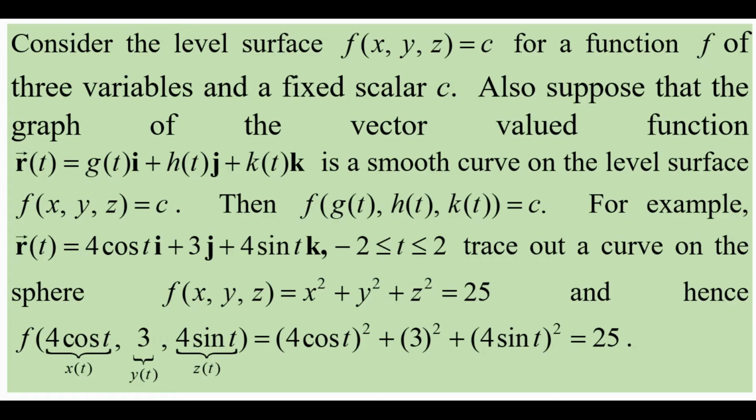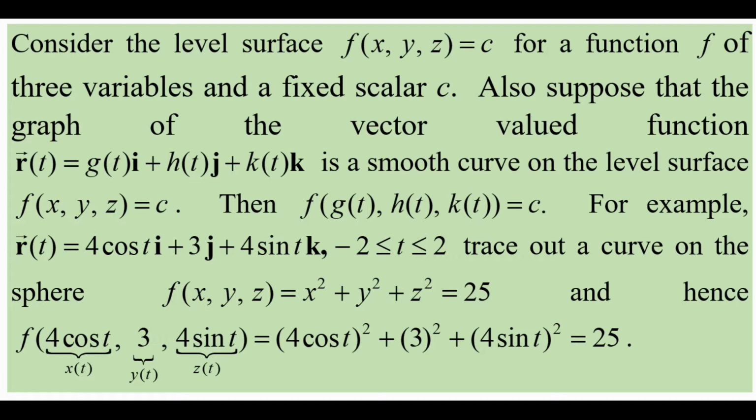Consider the level surface f(x,y,z) = c for a function f of 3 variables and a fixed scalar c. Also suppose that the graph of the vector valued function r(t) = g(t)i + h(t)j + k(t)k is a smooth curve on the level surface f(x,y,z) = c.